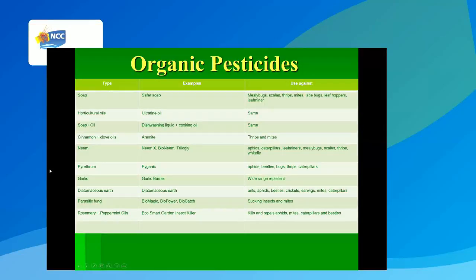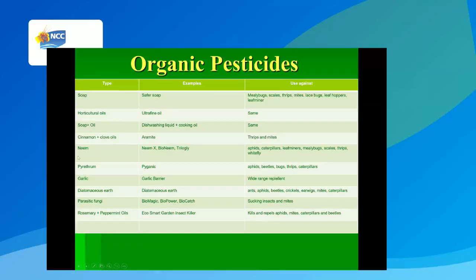This chart shows some organic alternatives that you can use, because many people out there do not like using those standard synthetic pesticides for one reason or the other. So here are some organic, safe pesticides that you can use to control various of your pests.